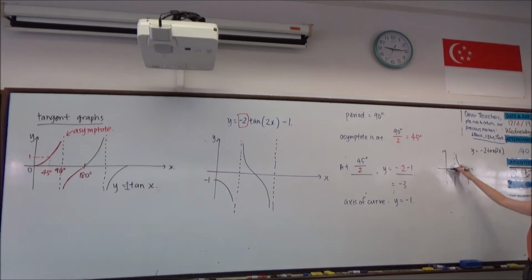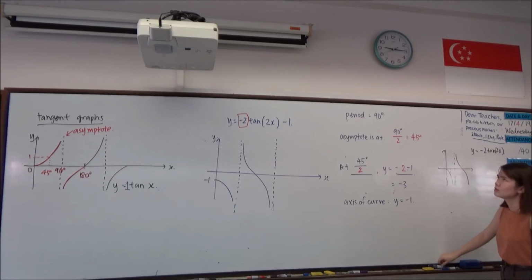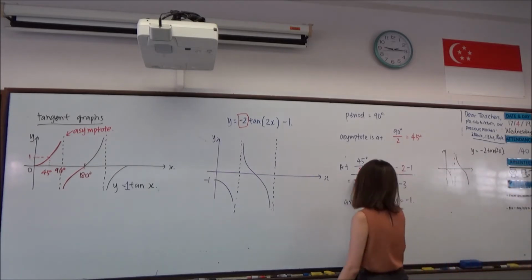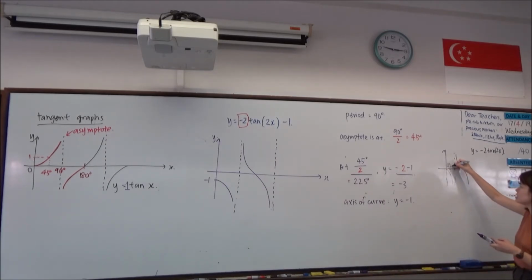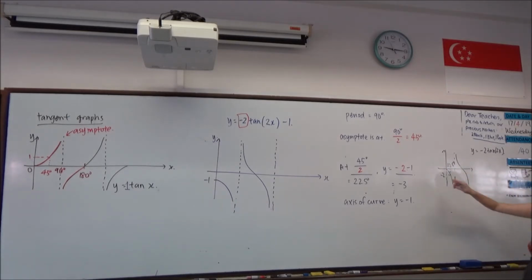And then you'll be able to see that at this point here, which was supposed to be the 45 degrees over 2, so that will be what, 22.5. So at 22.5 degrees, based on this, it should actually be a negative 2, right? Can't be a 2, correct? Okay. Then after that, because there's a shift downwards, so negative 2 minus 1, so that will give you negative 3, correct? So look at it part by part. That will make sense for you.